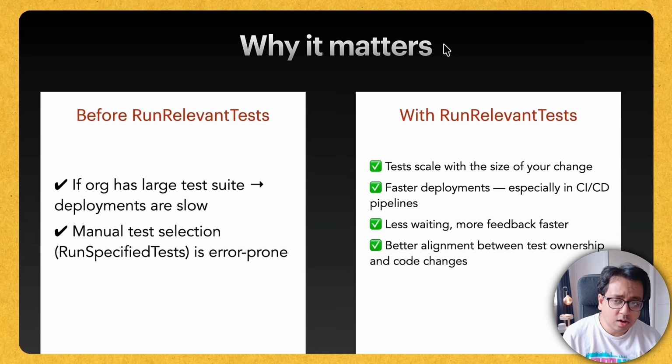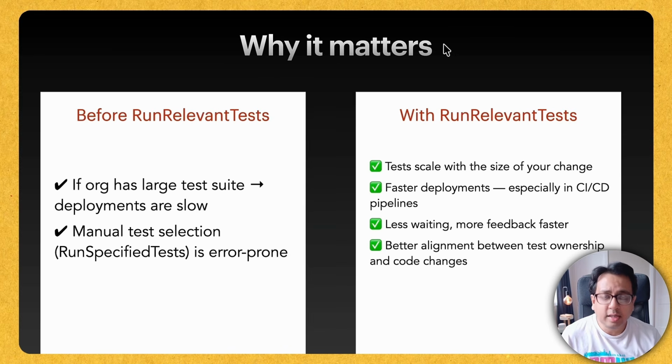So let me explain now how this run relevant test is going to solve the problem. Now, after this run relevant test, scale with the size of your change. That's important. Definitely faster deployment. So if you have a CI/CD process with run relevant tests, your deployment will be really faster. Less waiting, because deployment is faster means less waiting and you are getting the feedback quickly. And it's much better aligned with the test ownership and the code change.